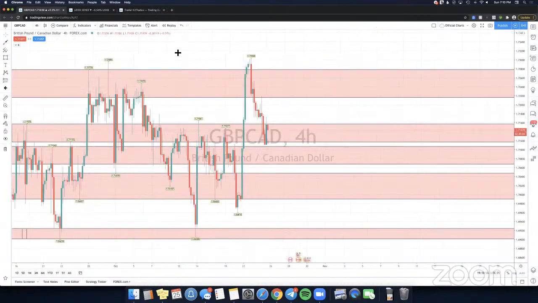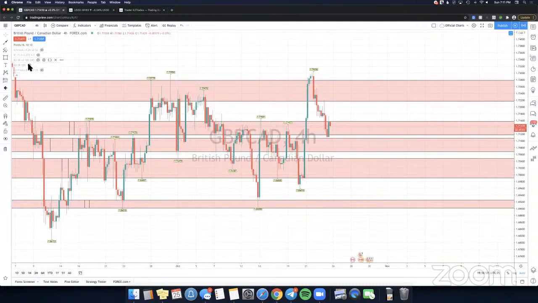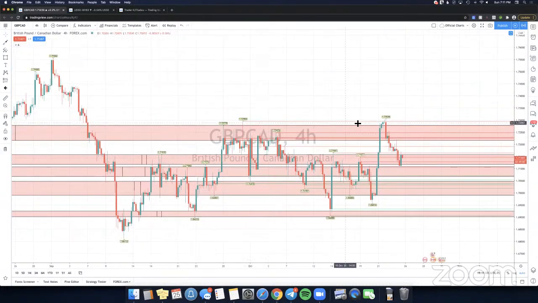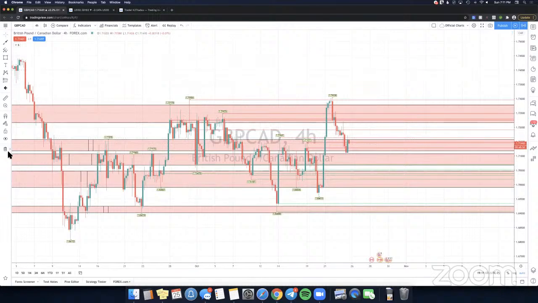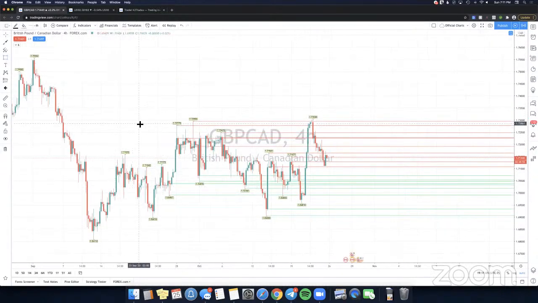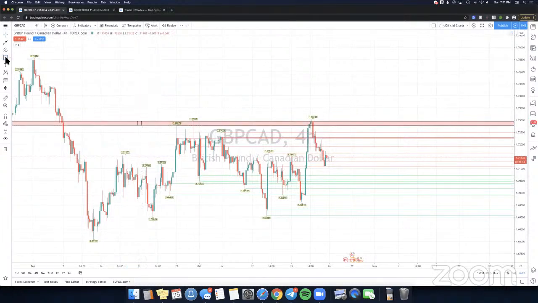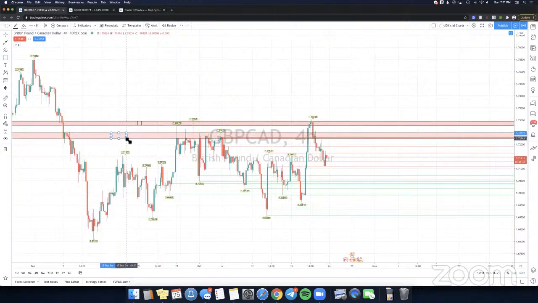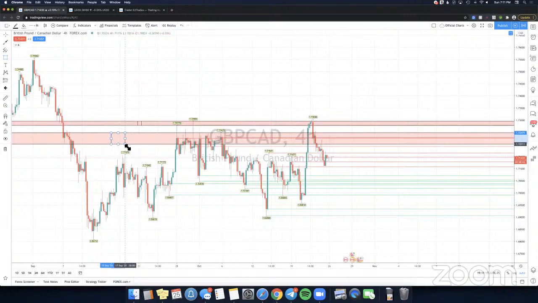All right, GCAD right here. Let me see if the zones still match up with last week's zone. So they kind of changed up a bit. I'm just going to delete it and then draw some new zones right here. So we got this upper zone right here. We got this lower zone right here.